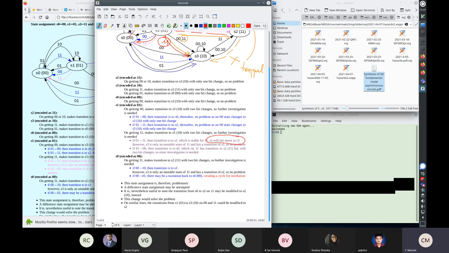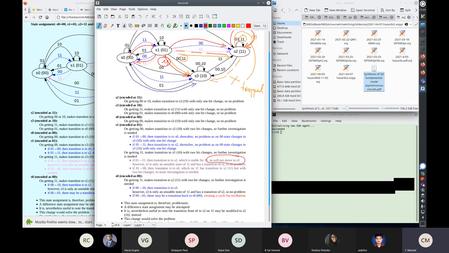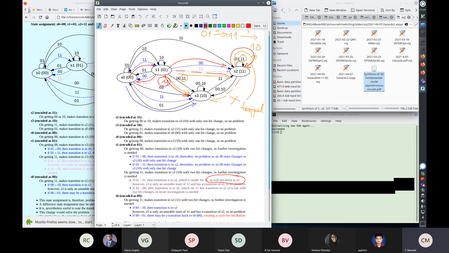Now you have another situation. As you can see, I think we need not go through all of these. The point is that when you have transitions which involve multiple bit changes, you could have problems.